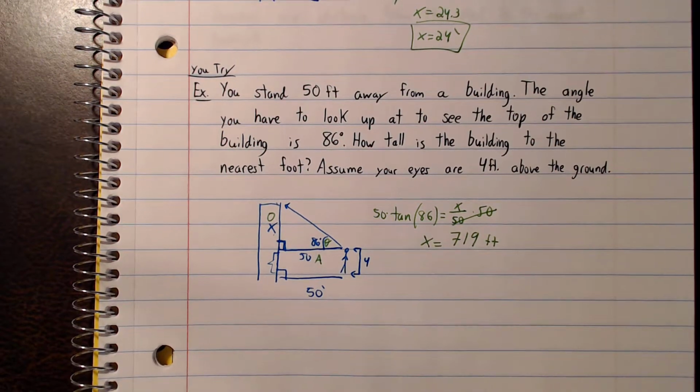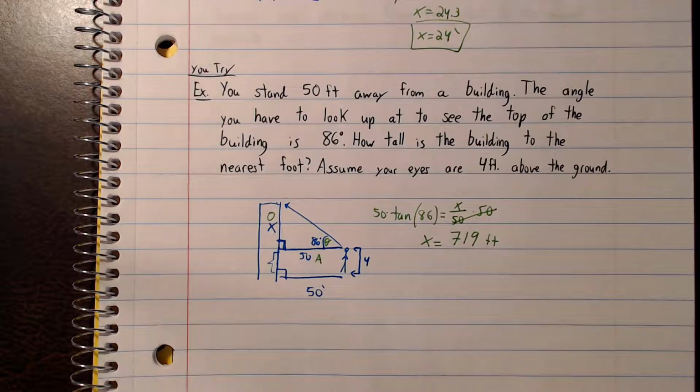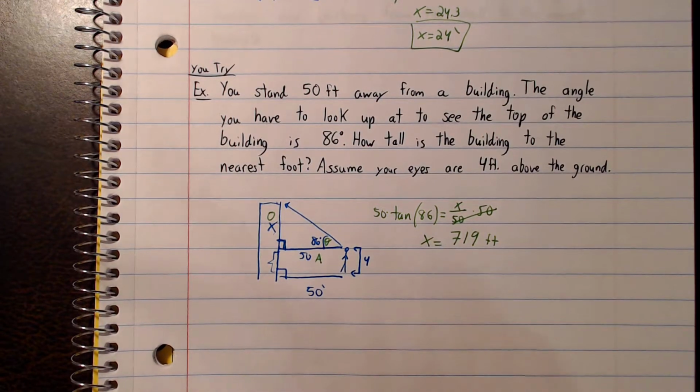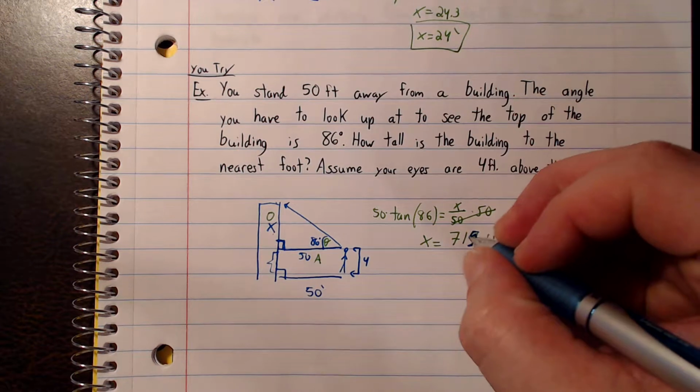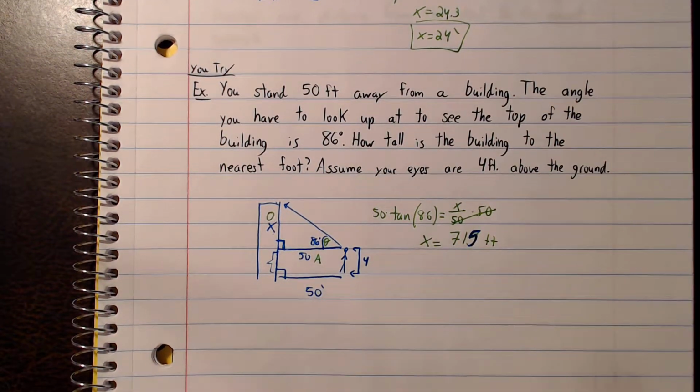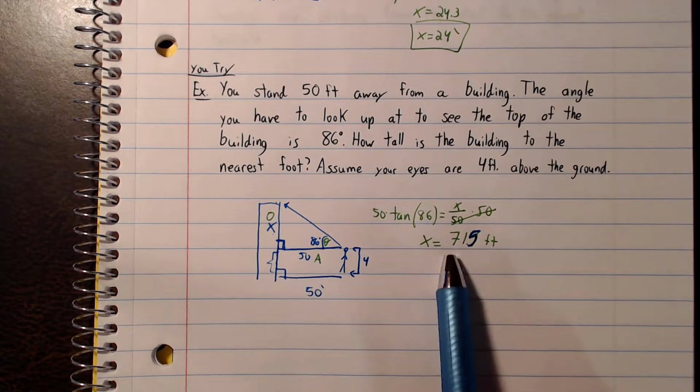That's a pretty tall building. Nope. So I just typed it in again. It actually says 715 feet. I knew I messed up a little bit there. I think I typed in 87 or something like that. But 715 feet.